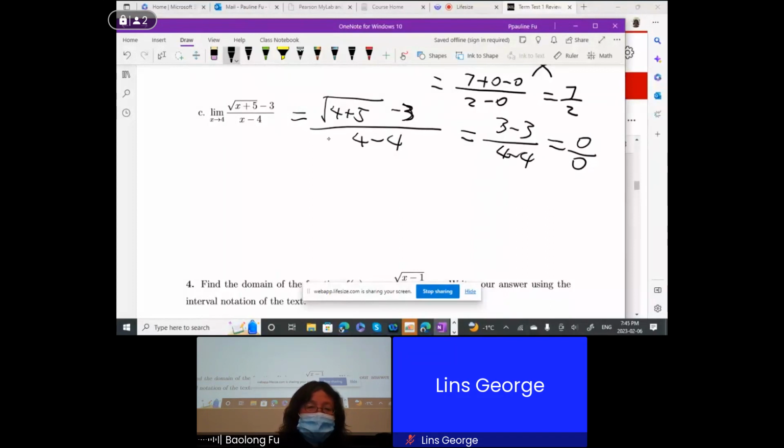So this one is just something on the side. You need to start from here. When you see the square root, you usually multiply by the conjugate. Okay, I'll do this.